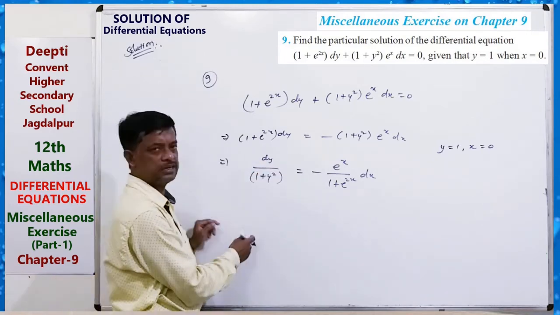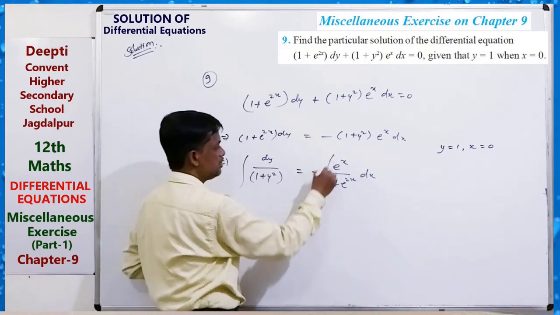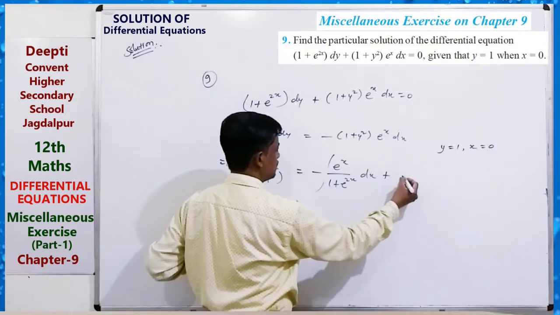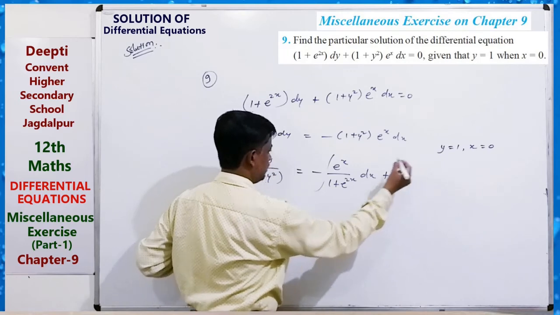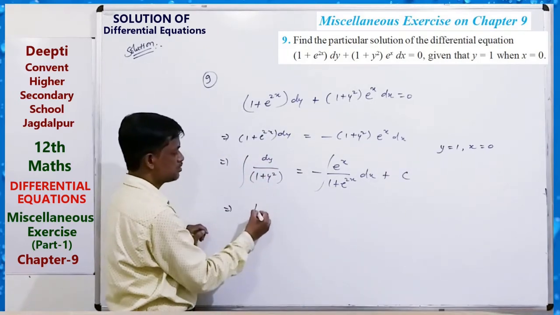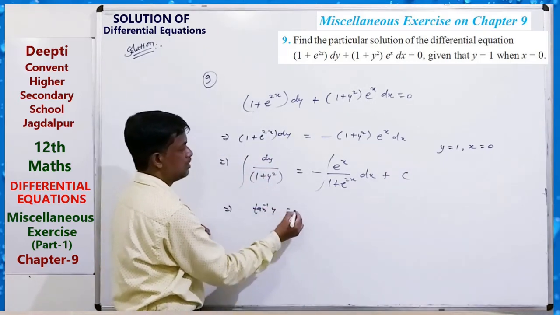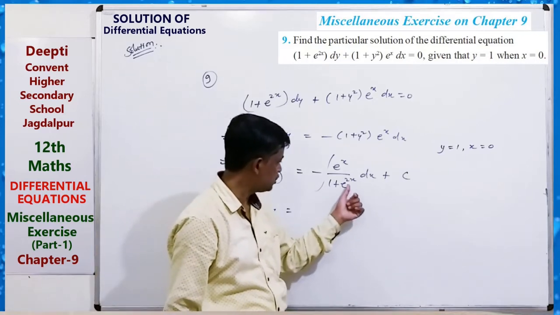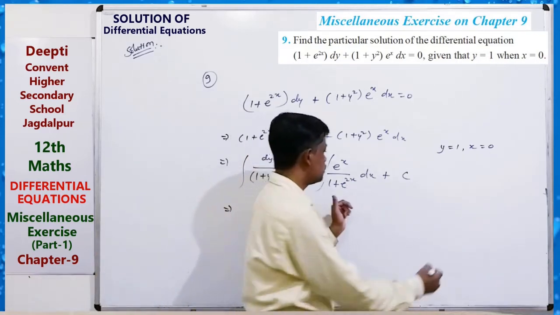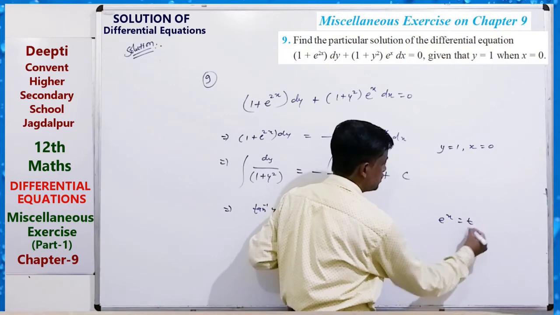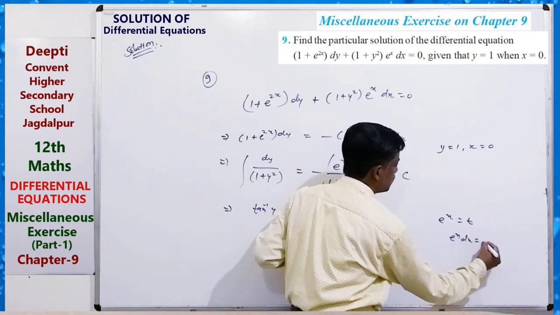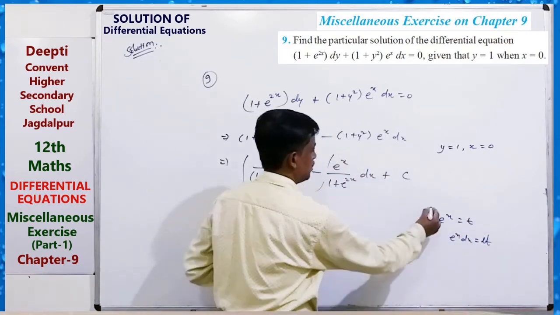So just integrate it, integration here plus c. So tan inverse y. Here we can see that 1 plus (e to the power x) square. So e to the power x equals to t. Then e to the power x dx equals to dt.